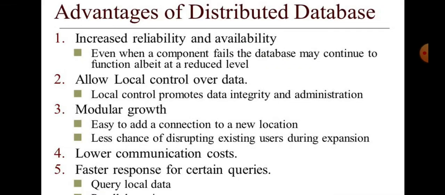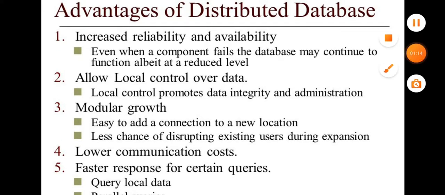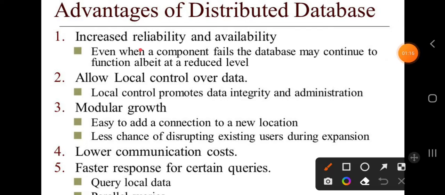Why? Because we are not having only one server. We will be having servers which are distributed with the databases, means that multiple databases will be stored in different computers which are connected in a network, so that they can provide the reliable data which is required by the user.